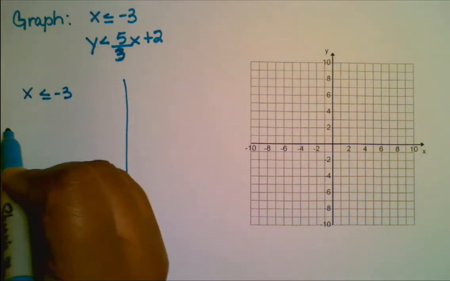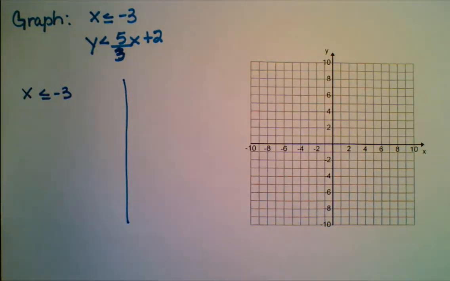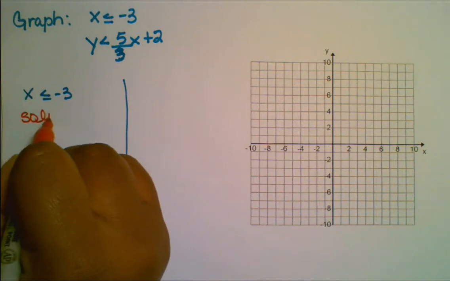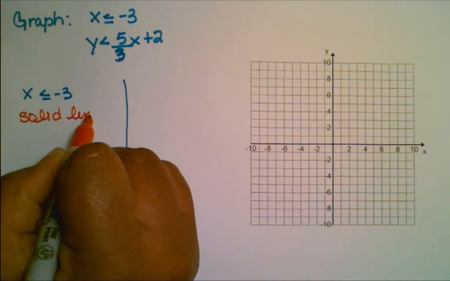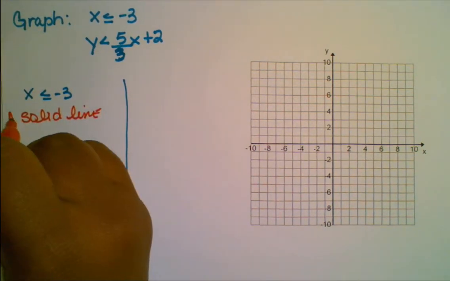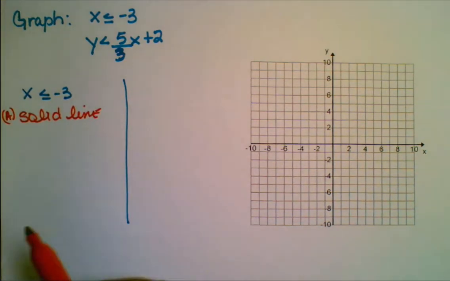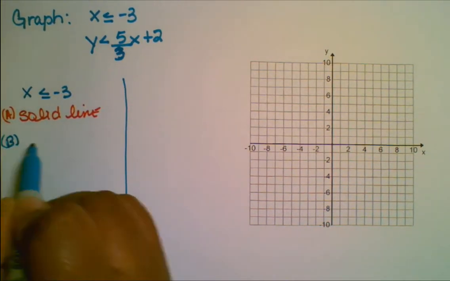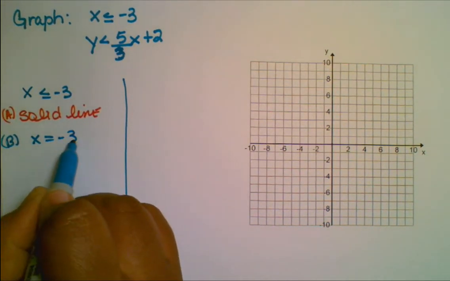Well, first of all, we're going to have a solid line. Then we're going to sketch the equation of x is equal to -3.